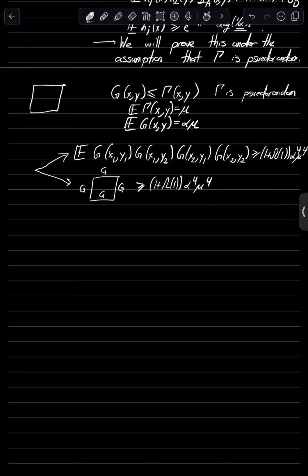Okay. So the first step is to apply Holder's inequality. So what you can do is take G and take K pages of a book, and all the edges have G on them.